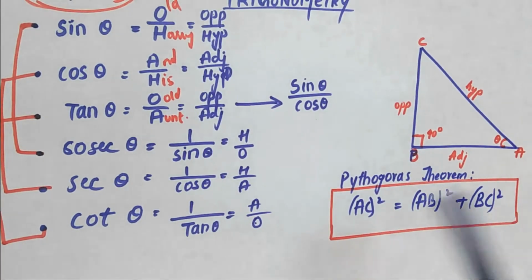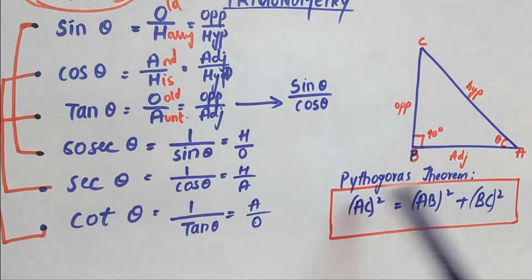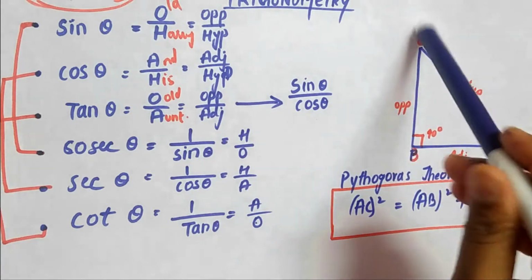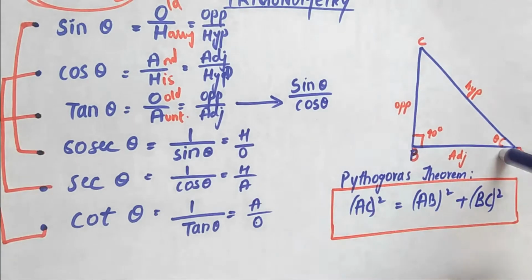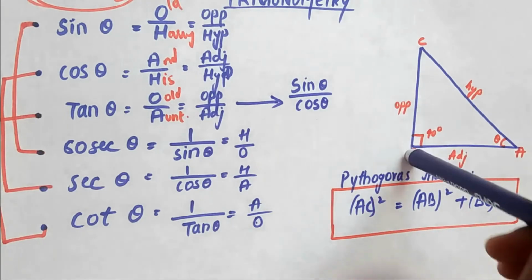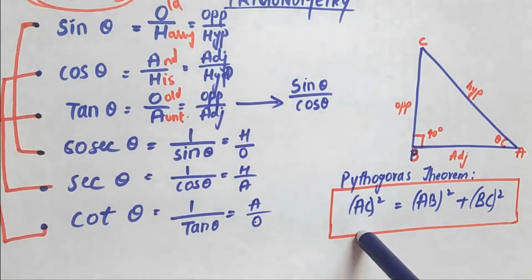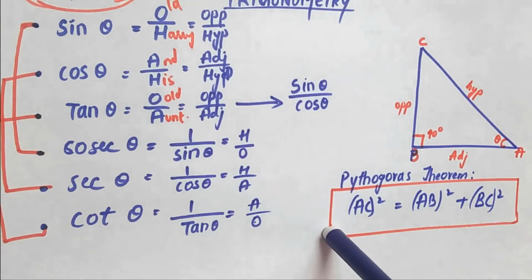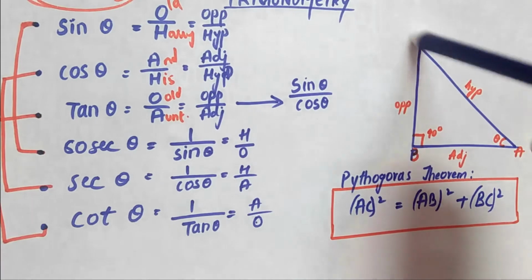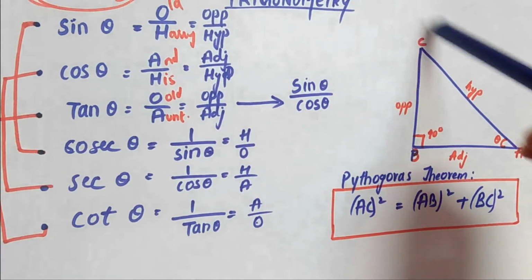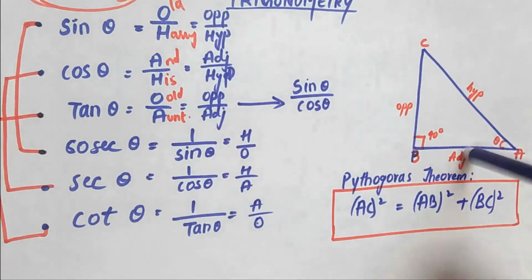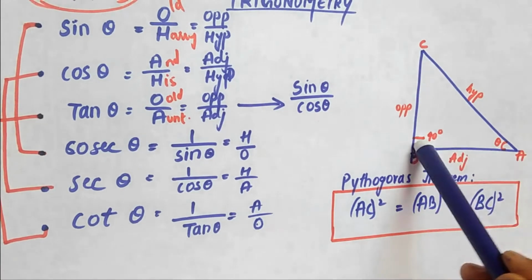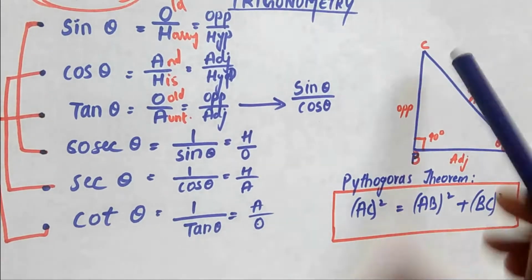And also the Pythagoras theorem will be very helpful for us, because in our problems one of the sides will be missing, either opposite, adjacent, or hypotenuse. In that case we will be using the Pythagoras theorem. What does the Pythagoras theorem say? The square of the hypotenuse is equal to the sum of the squares of the other two sides.